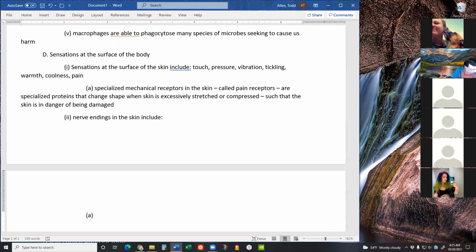You might recall from figure 5.2, you see the tactile epithelial cells. That's what we're talking about, the tactile disc of the epidermis. That's figure 5.2.